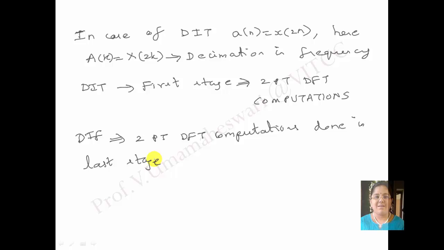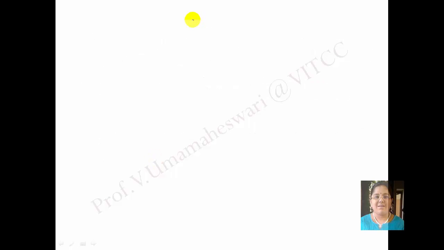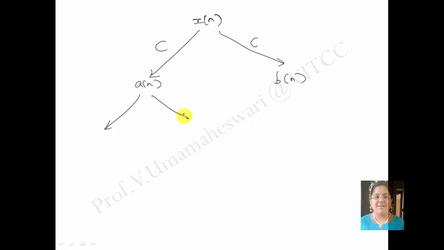Okay, now let us try to get the overall picture of the DIF algorithm. So we have already the time domain and frequency domain expressions written down. So the first thing is you have to compute, this is the first stage, A of n and B of n from x of n. Okay, what will be the second stage?